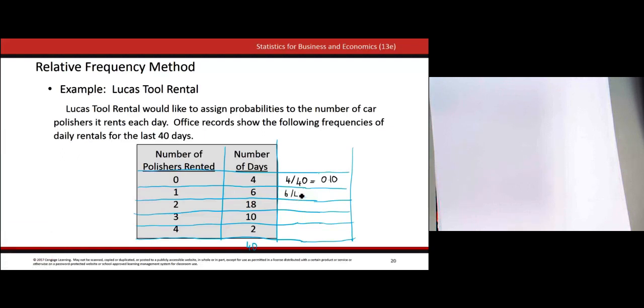6 out of 40 days they rented 1 polisher. 18 out of 40 days they rented 2 polishers. 10 out of 40 days they rented 3 polishers, and 2 out of 40 days they rented 4 polishers.